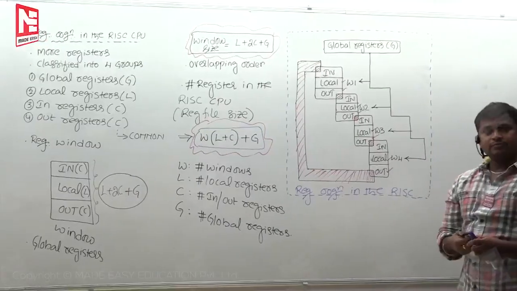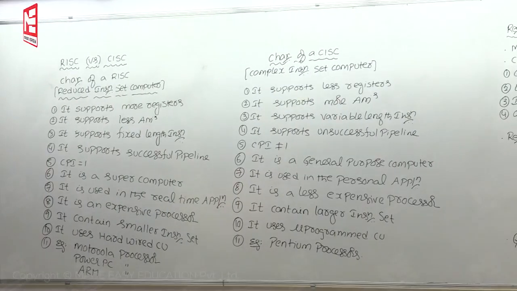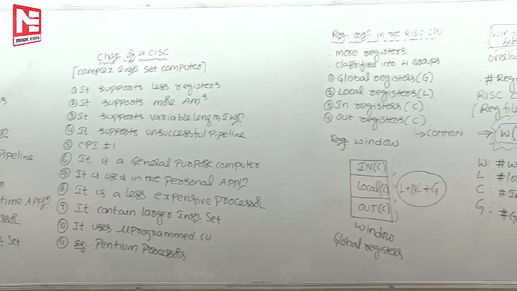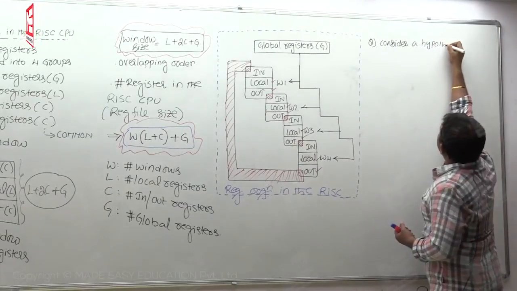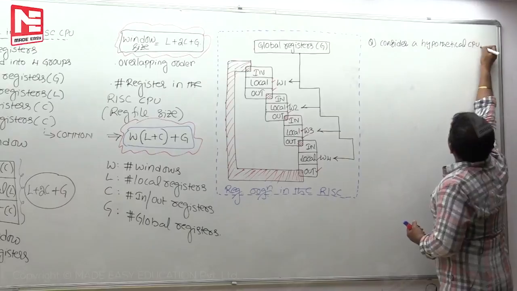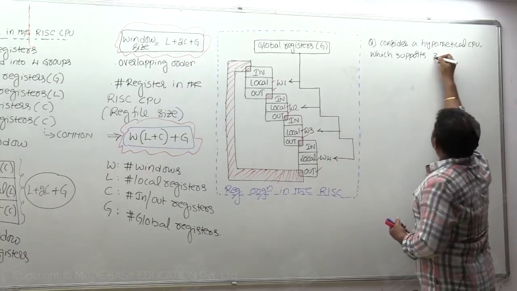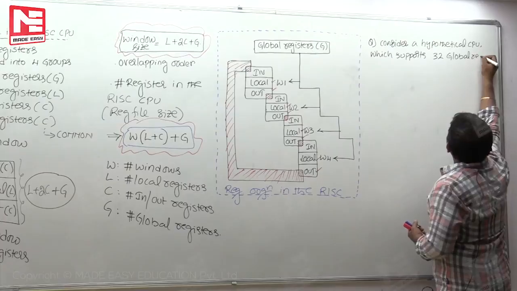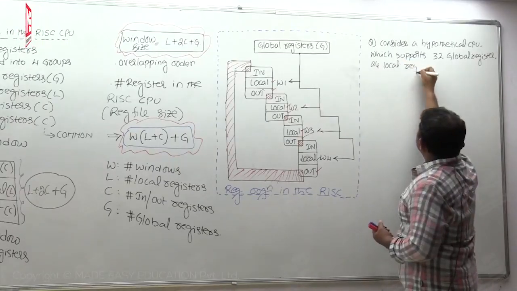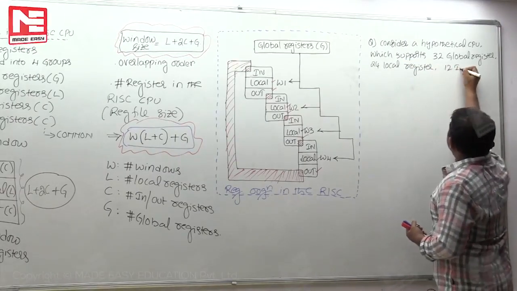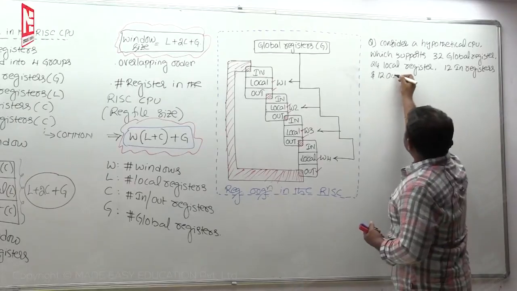Copy it. Copied. Okay, now the question is: consider a hypothetical CPU which supports 32 global registers, 24 local registers, 12 in registers, and 12 out registers.